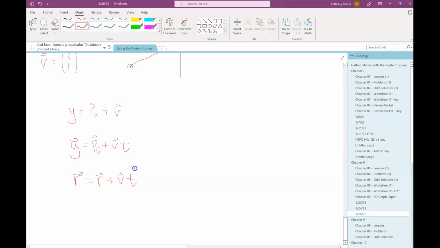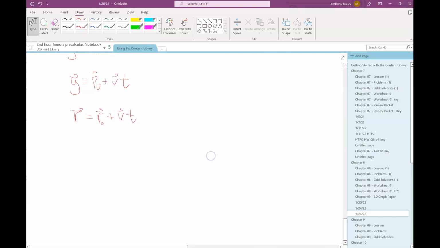So instead of using y and p naught, we're going to use r and r naught. Mostly just to help us separate what's an equation for a line versus the vector equation for a line. We're going to use different letters so we don't end up getting confused along the way.